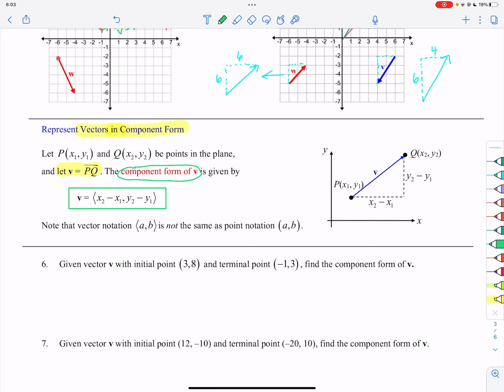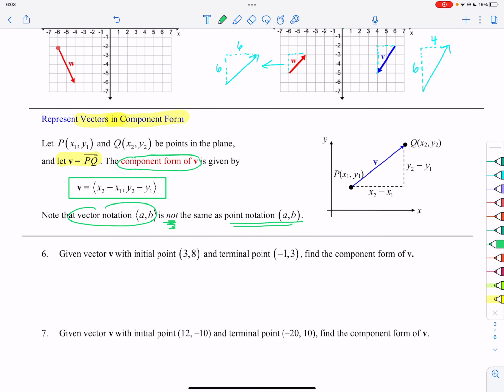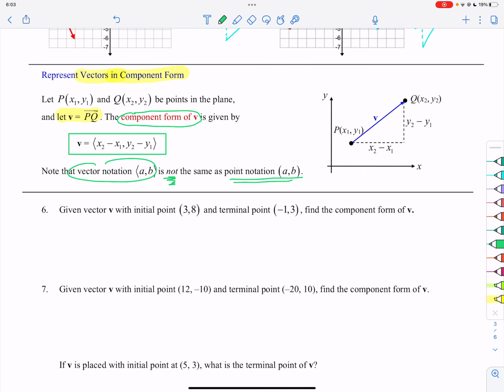And you can see that AB in vector notation is not the same as point notation. So we do need to be very, very careful with that.